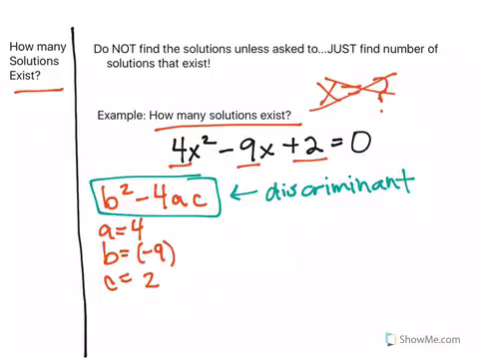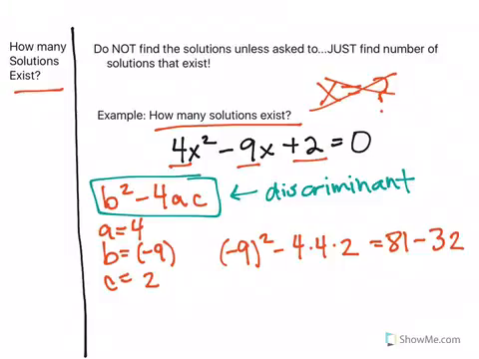So we've got b squared, so it's negative 9 squared minus 4 times 4 times 2 equals negative 9 squared is 81 minus 4 times 4 is 16 times 2 is 32.